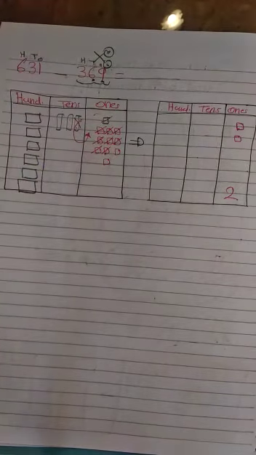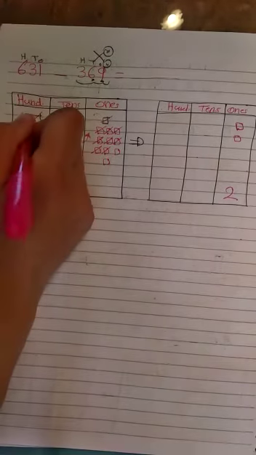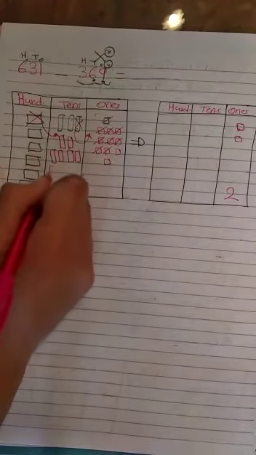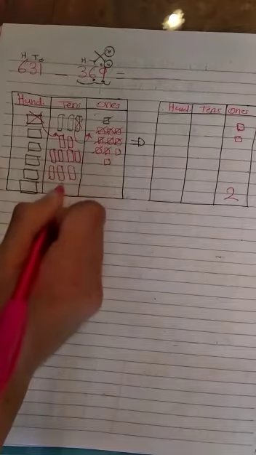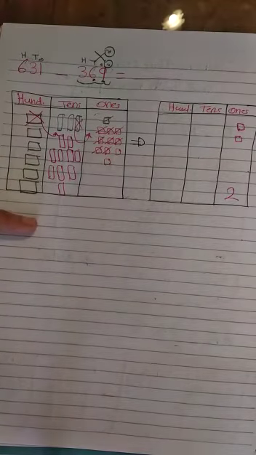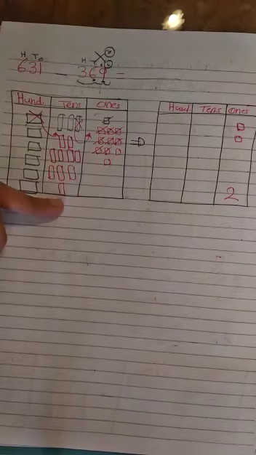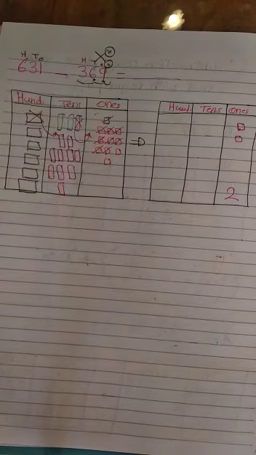We will borrow 100 and regroup it into 10 tens: 1, 2, 3, 4, 5, 6, 7, 8, 9, and 10. Here I needed to regroup 10 into 10 ones and 100 into 10 tens. Why? Because the mommy doesn't have enough entities inside each house.